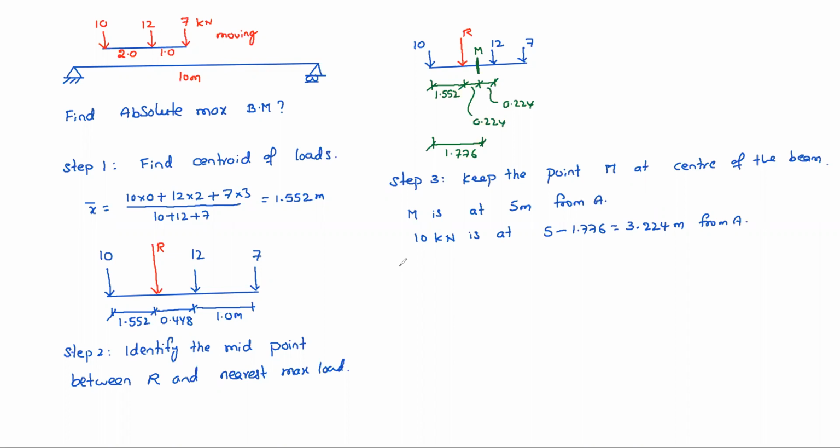So the loading position, this is step 4. Where you will get maximum bending moment means maximum bending moment occurs under the nearest maximum load to R. So the nearest maximum load to R is 12 kilonewtons.